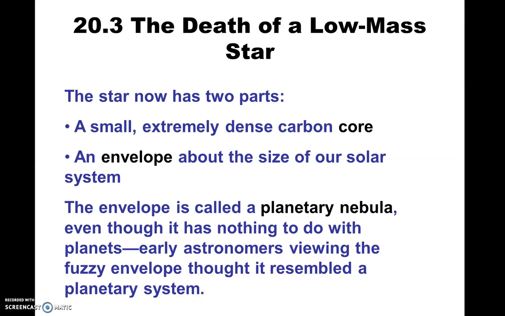Like for example, our sun, 10 billion years from now, in its first red giant stage will expand to around the orbit of the Earth, as a matter of fact, and then in the second red giant phase, it just keeps expanding out beyond the orbit of Mars, and that material just keeps expanding out into the galaxy.